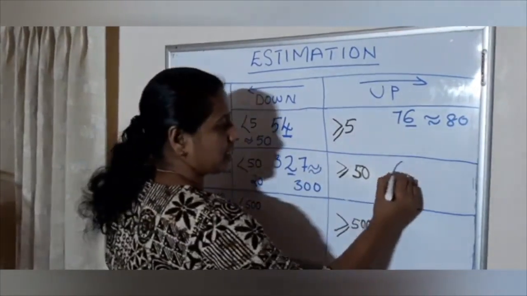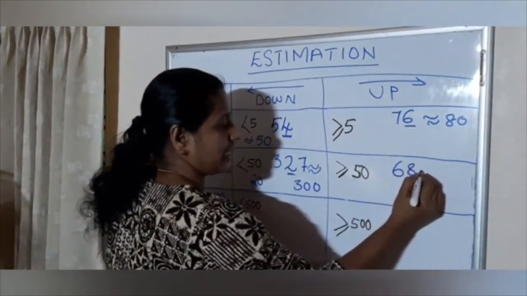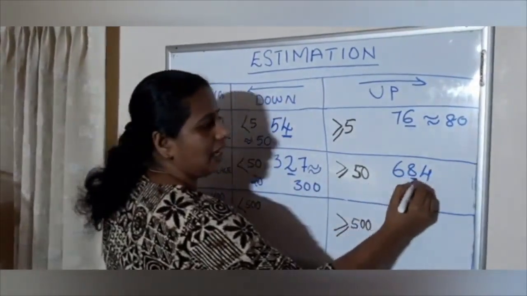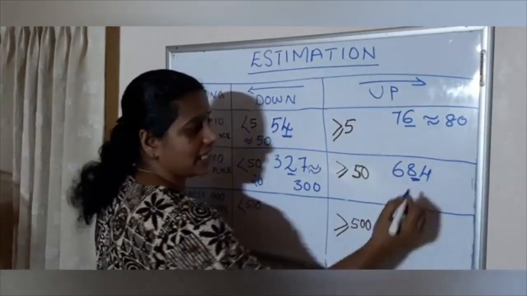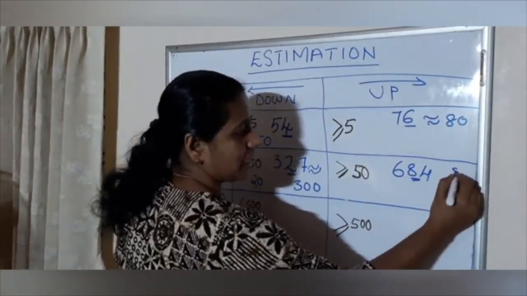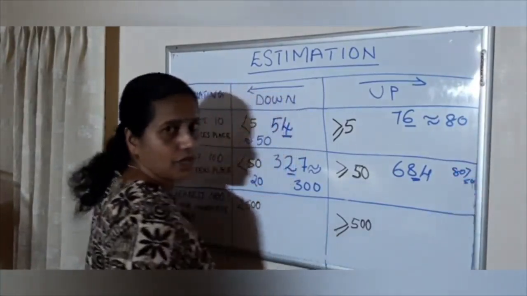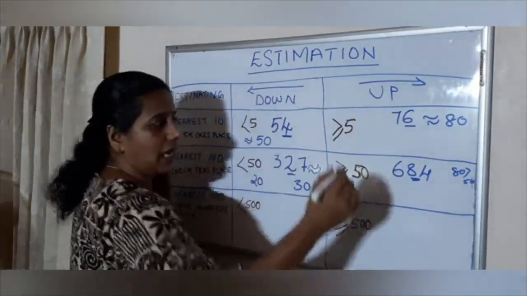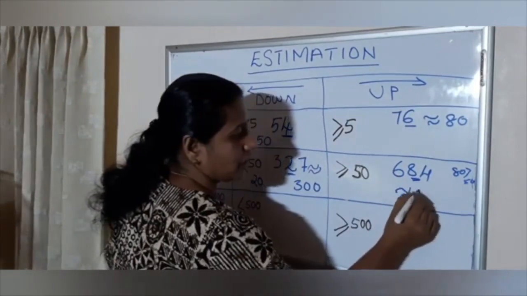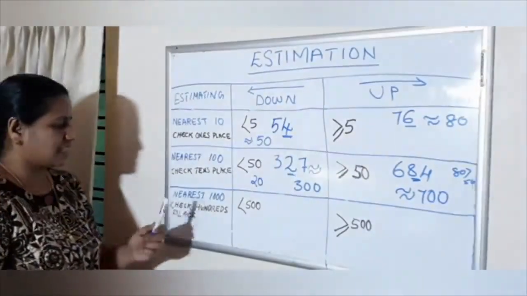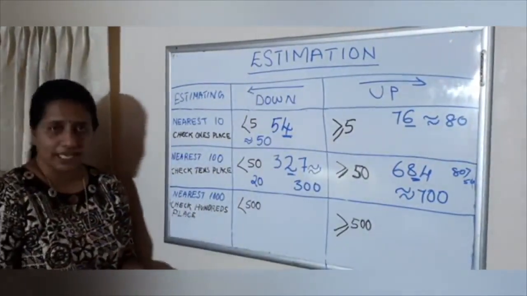If the number is 684, take the tens place, that is 80. 80 is greater than 50. So we round up, and the estimate to the nearest 100 is 700. Next, nearest 1000, check the hundreds place.